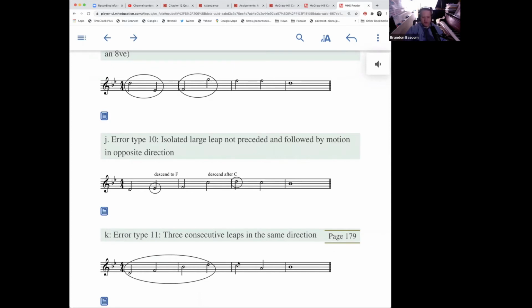Da, da, da, da. Oh, but they don't outline a triad. I mean, they do outline a triad, it's a B flat major triad. But they all go the same direction.